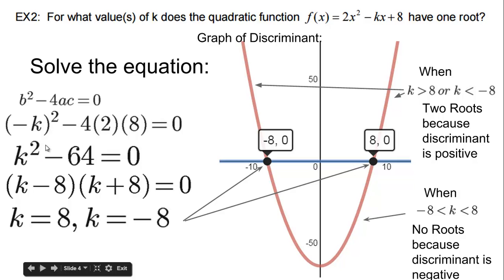Whatever you get for a discriminant, if you get a quadratic or even a line, it helps to graph it just to see where it is positive and where it is negative. A line with a positive slope would have one root in the middle when k is in the middle, no roots when k is below, and two roots when k is above.